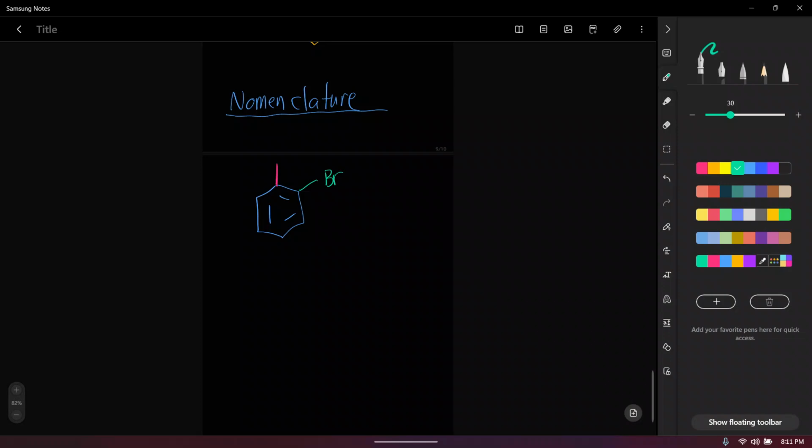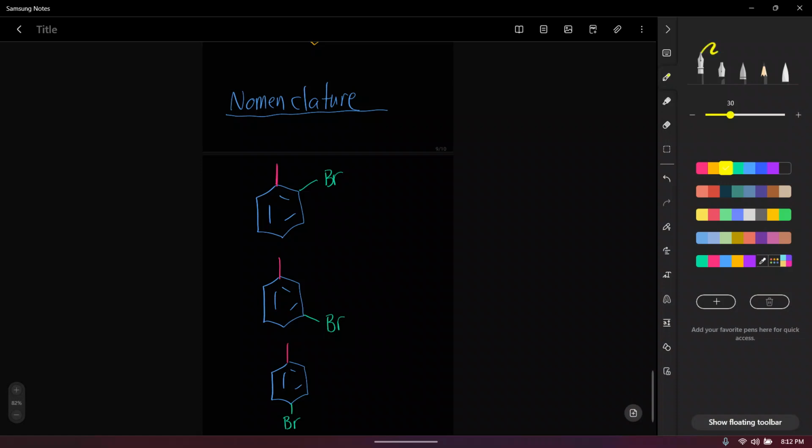Now if you think about it, I could put that bromine atom immediately to the left of that benzene. I could put the bromine atom 2 carbons away from the original substituent, or I could put it the maximum distance away from that original substituent. Okay, and hopefully you can see that all 3 of those molecules would be different.